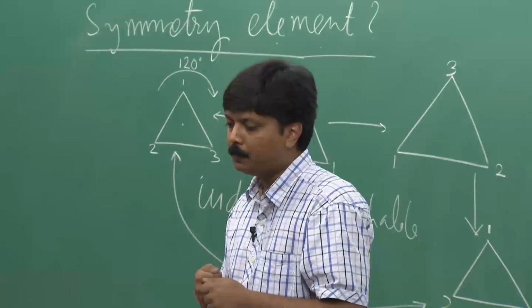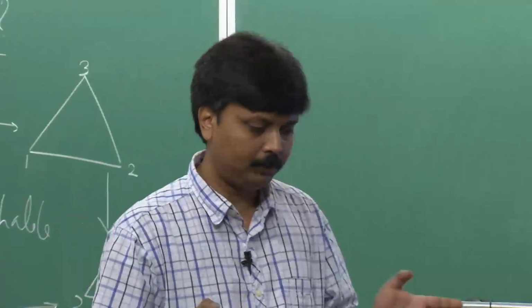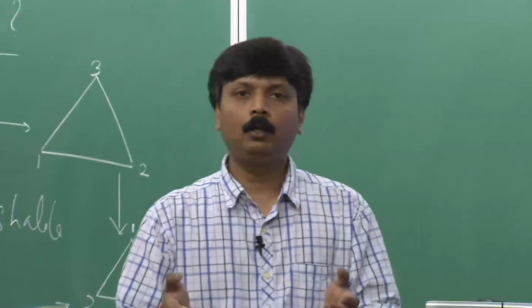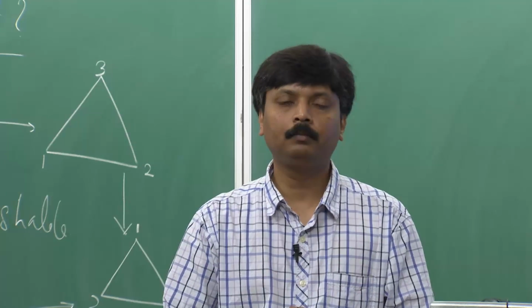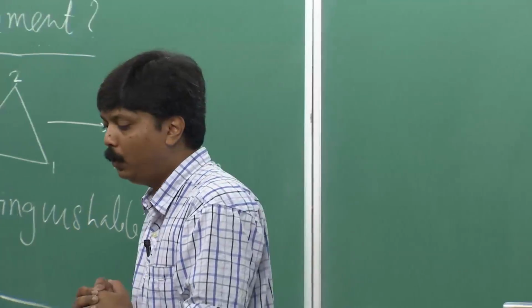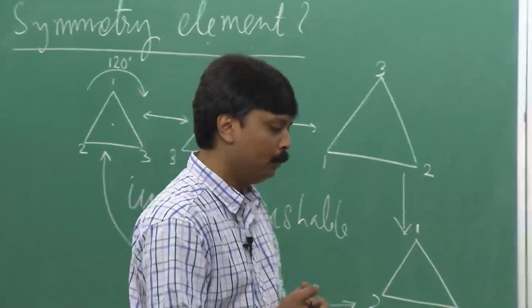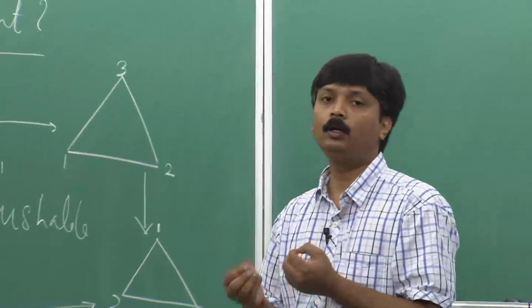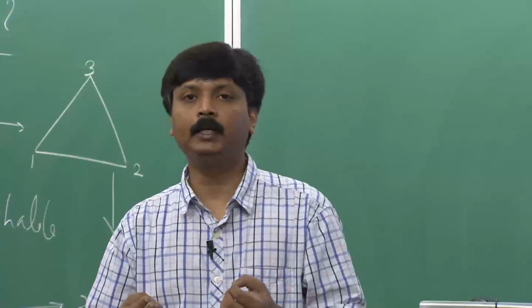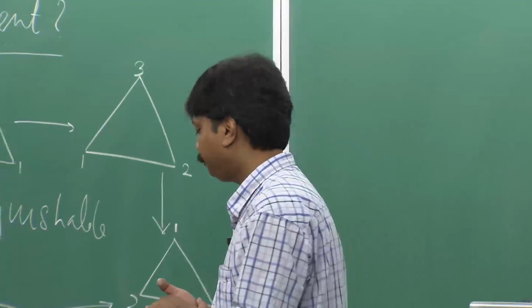When we say that a particular object, or one particular molecule, has more symmetry than another molecule, we look at the symmetry operations and symmetry elements of the molecules. If some molecule has a greater number of symmetry elements and symmetry operations, then obviously that object is called more symmetric than an object which has fewer symmetry elements and symmetry operations.